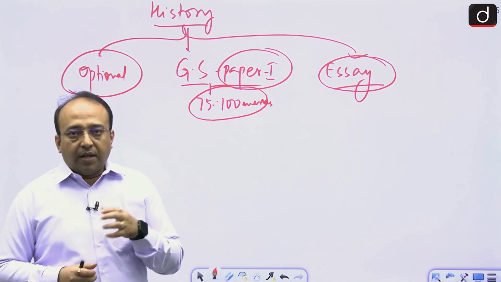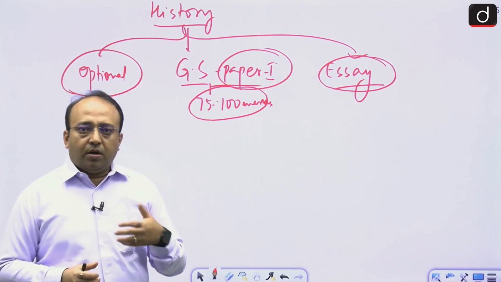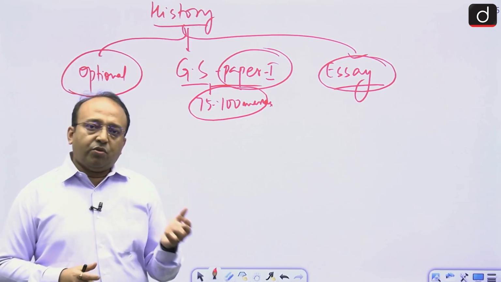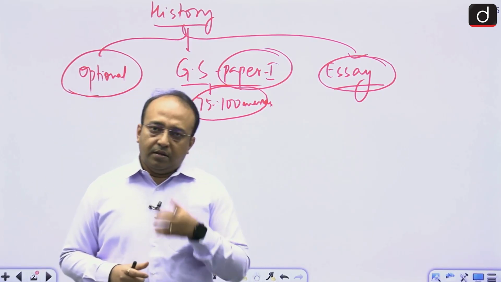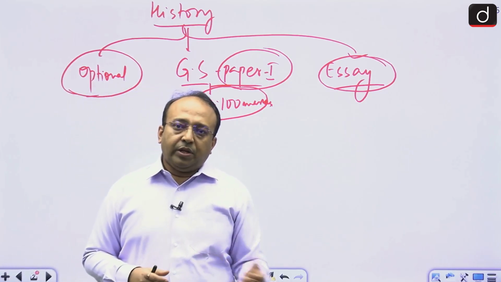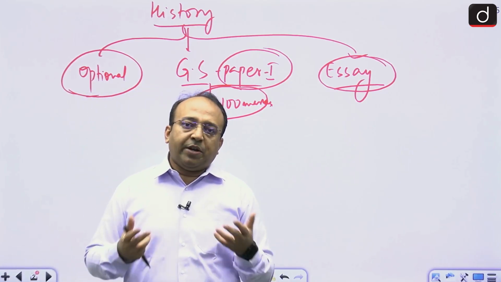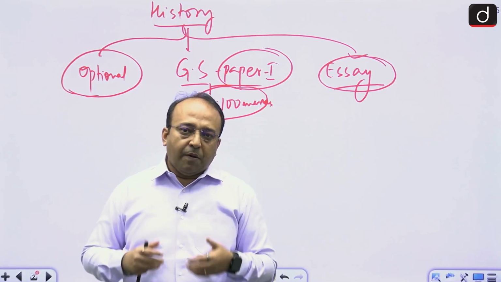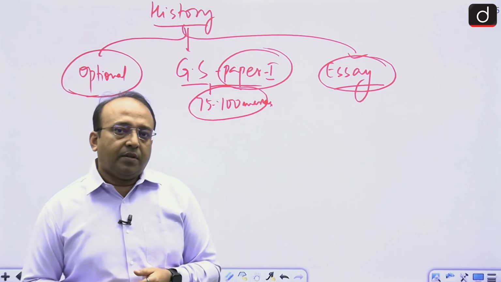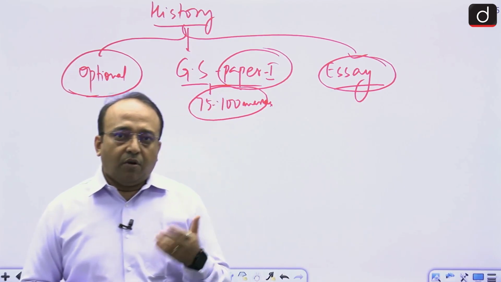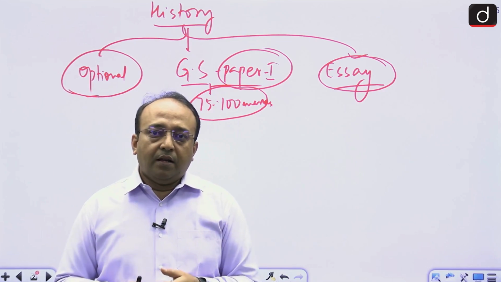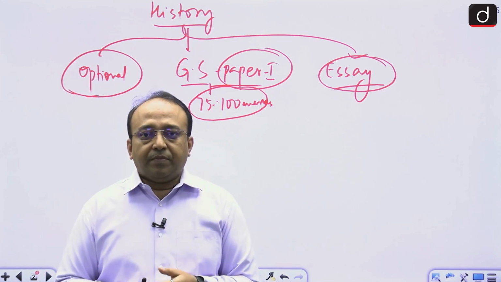Fine. That is where you have to understand, and the same also applies in the case of the ethics paper. Many of the issues of history, the stories of history, the examples of history, you can include in qualifying your statement in GS paper 4 of ethics. So, that is the reason why knowledge of history is going to play a very significant role in your overall success as well.